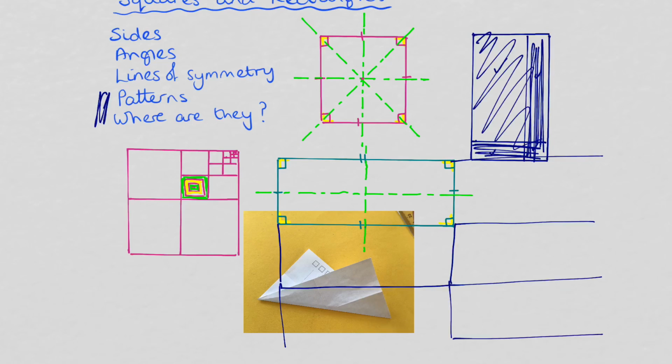Where are they? Well, that is tied in with the patterns, because like I said in one of the other lessons, I'm in my kitchen at the moment, and when I look around, I've got tiles on the floor. They're square tiles, okay? So they all fit together with no gaps and no overlaps, right? On the wall, I've also got tiles for some of the kitchen, and they're rectangular tiles, so they fit together perfectly.